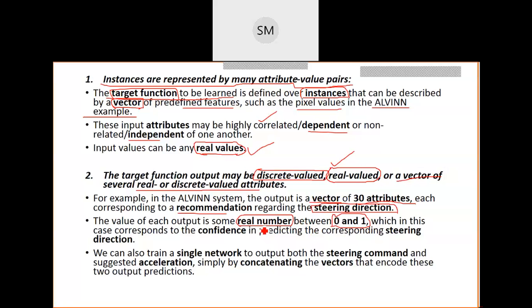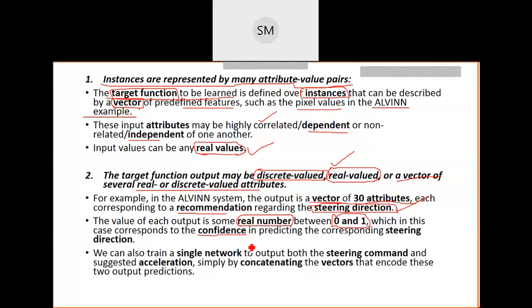Already I told you the output is a steering direction, but what is this real number indicating? It is indicating the level of confidence. So suppose your road is bending towards the right side.